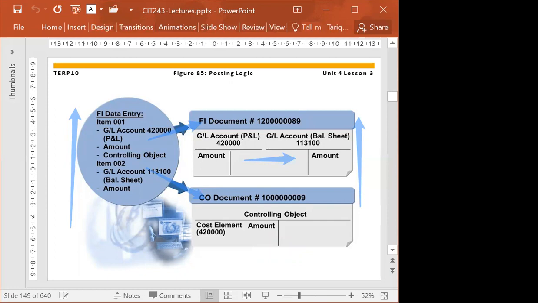So there are two kinds of postings, revenue or cost. And the primary cost element already exists in the core and is already linked with the GL account. So any transaction you make in that GL account automatically comes to the controlling. And this is a one-sided entry, only transferring the expense or the revenue to the controlling area.